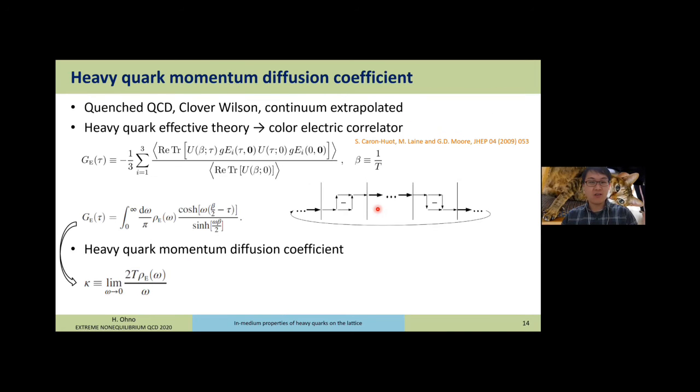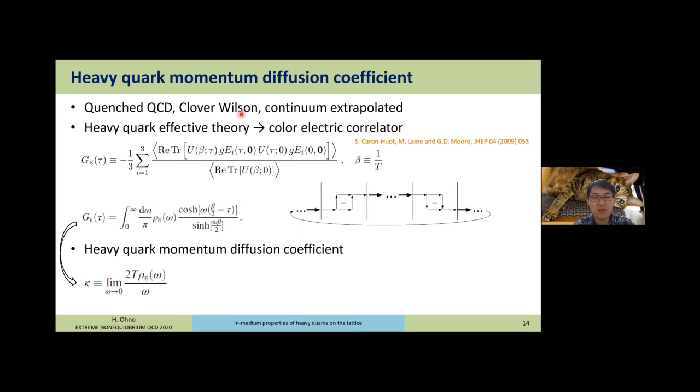And next, I want to shift to a different topic, and from here I want to show some results of the heavy quark momentum diffusion coefficient given by us. It is a study with my collaborators, and for this study we use quenched QCD configurations generated on a very large lattice, and we also have different cutoffs.